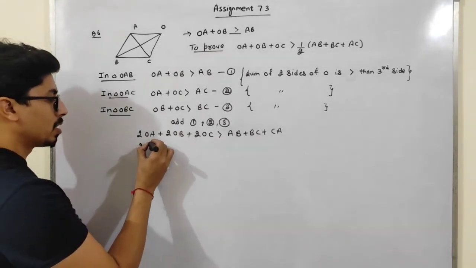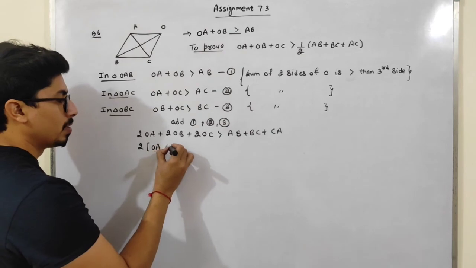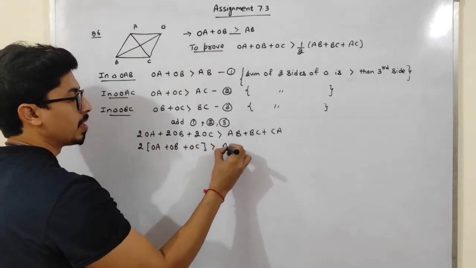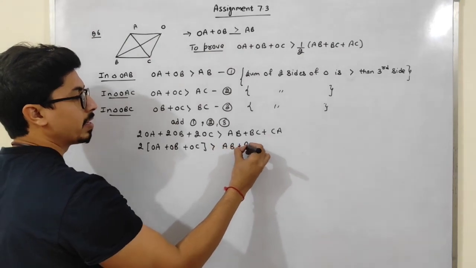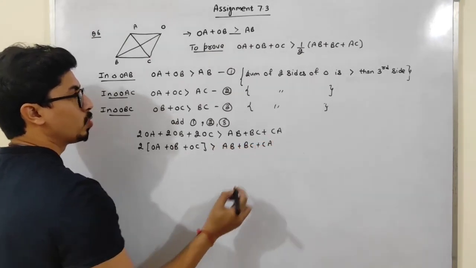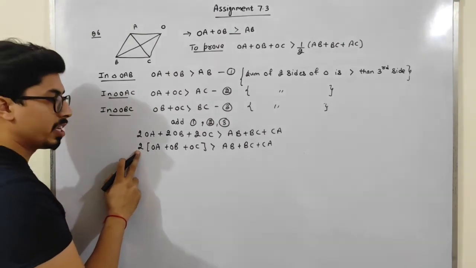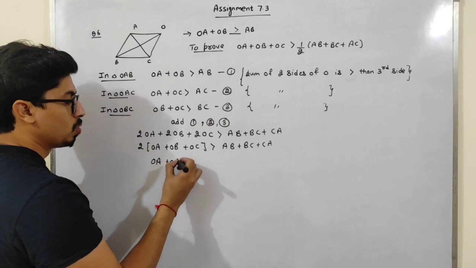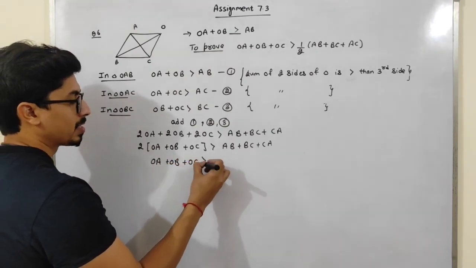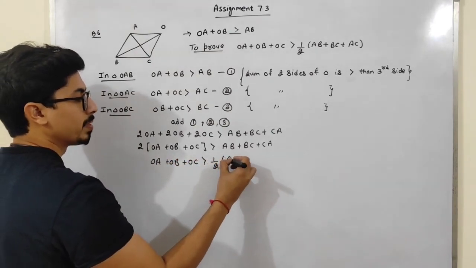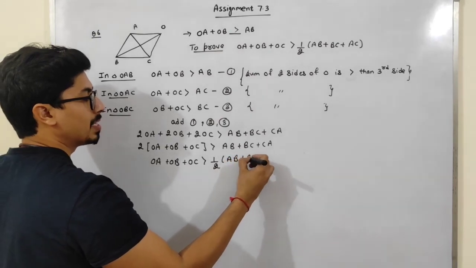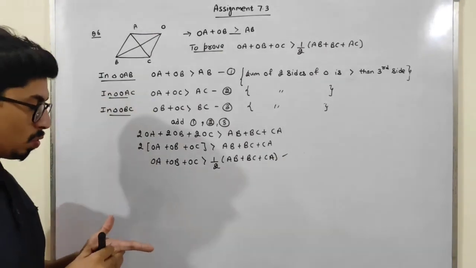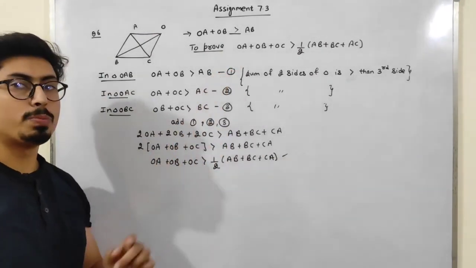So when 2 is taken common, I can write AB plus BC plus CA. See students, 2 is in multiplication here; when it goes to the other side, it will be in division. So OA plus OB plus OC is greater than 1 by 2 times AB plus BC plus CA. I can write it like this. So this is our required answer that we had to prove, students.